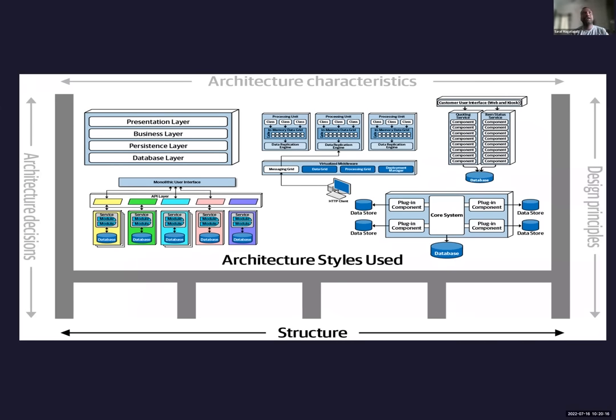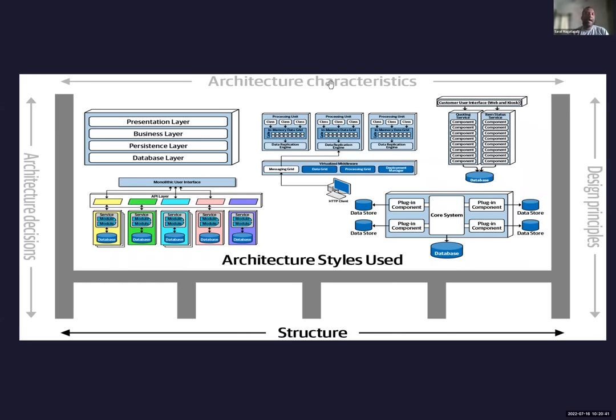The guidelines are, hey, only the service layer can call the database layer, right? So those are design principles which might be defined in your organization, or defined by you, or within your team. Okay. So the left hand side is the decisions, the right hand side is the principles, and then you have identified the non-functional requirements or the architectural characteristics.